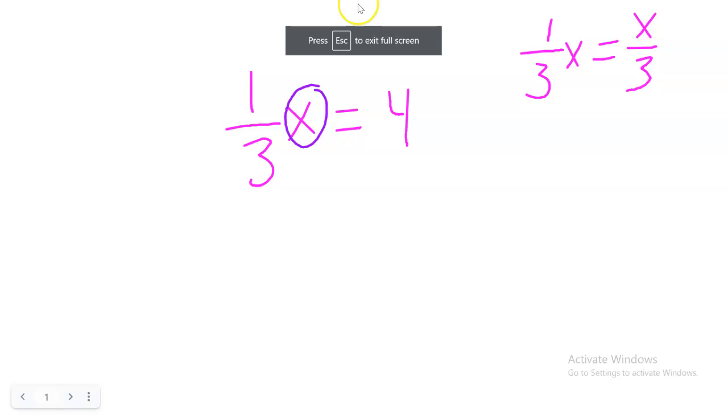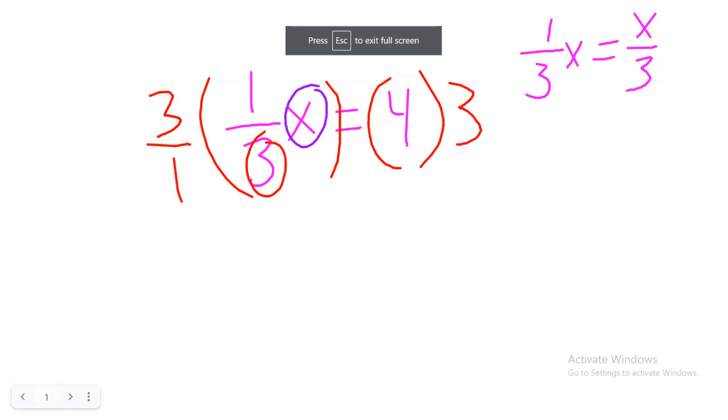So since my variable is being divided by a number, and I want to get the variable by itself, I want to perform the inverse operation. If it's being divided by a number, I need to multiply by a number. So I'm going to multiply both sides by something, and I want to get rid of this 3 right here.